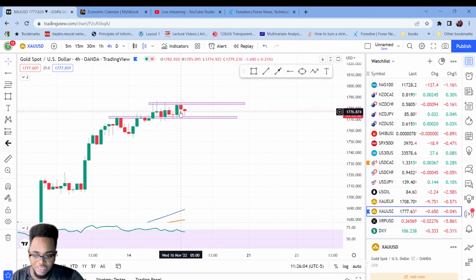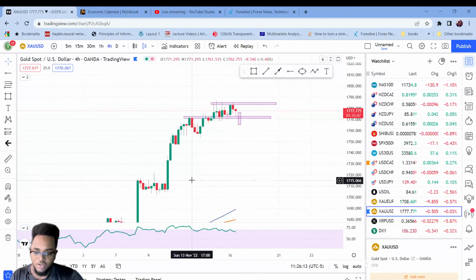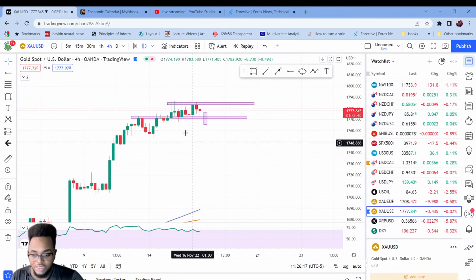Now, price is consolidating. If we get a push lower, this would be if we see the USD recovers, then we see a continuation move back down, right? It could also be a pullback for a retest and then a continuation movement.